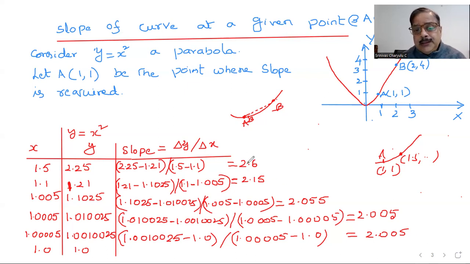So as you observe here, 2.6, 2.15, 2.055, 2.005, 2.0005, like that it is coming.